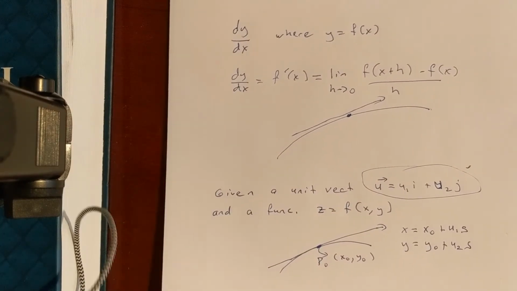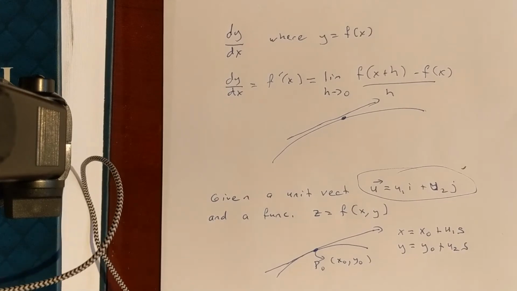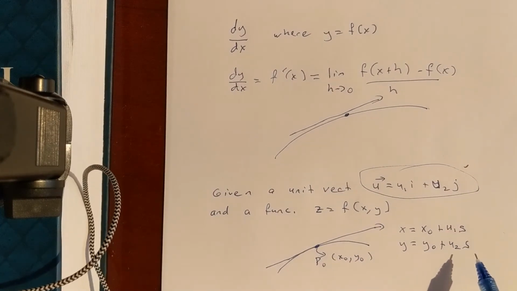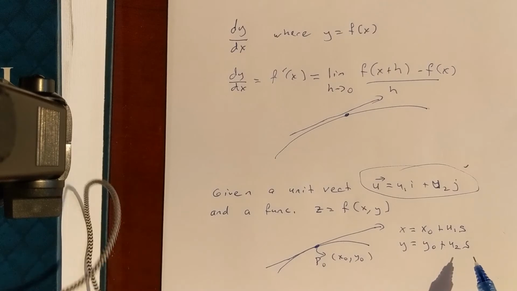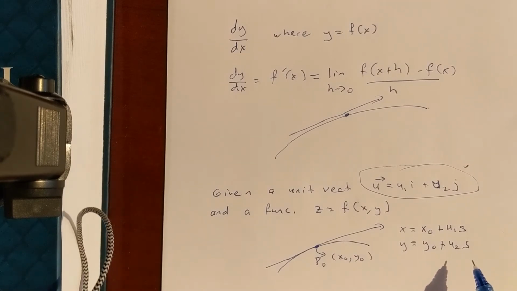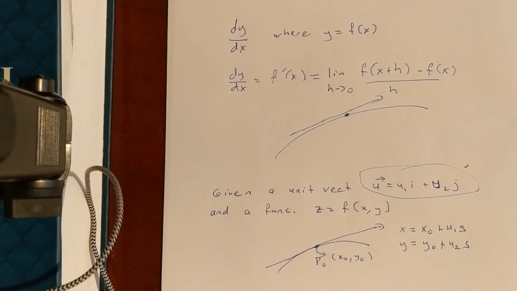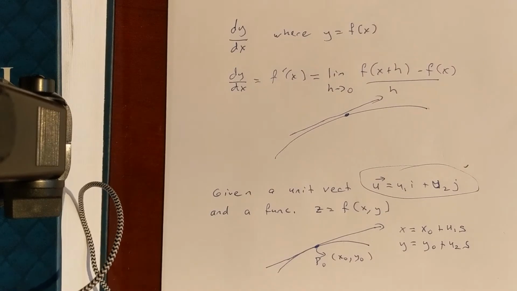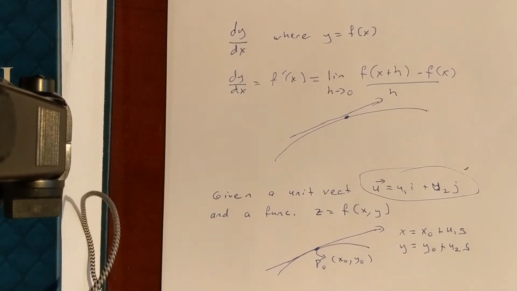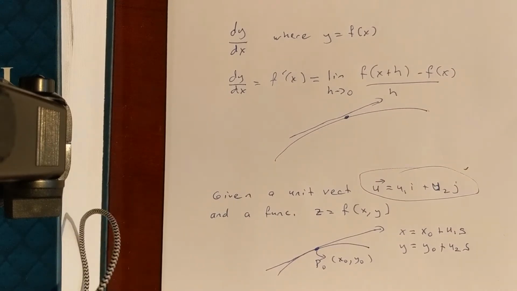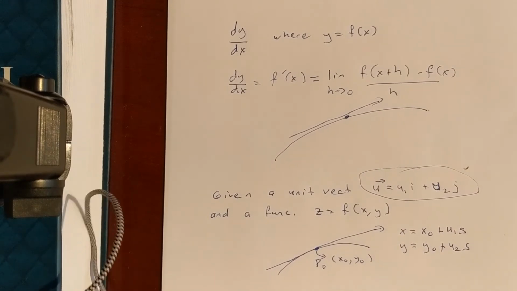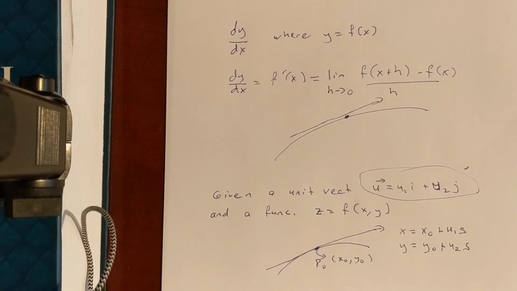Now, you might have seen this before. We usually use t instead of s, because we think about the parameterization as being in terms of time. Here we're not going to use t, we're just going to use s. So you just plug in values for s, 1, 2, minus 3, minus 5, and that's going to give you the xy coordinates of points on the line.